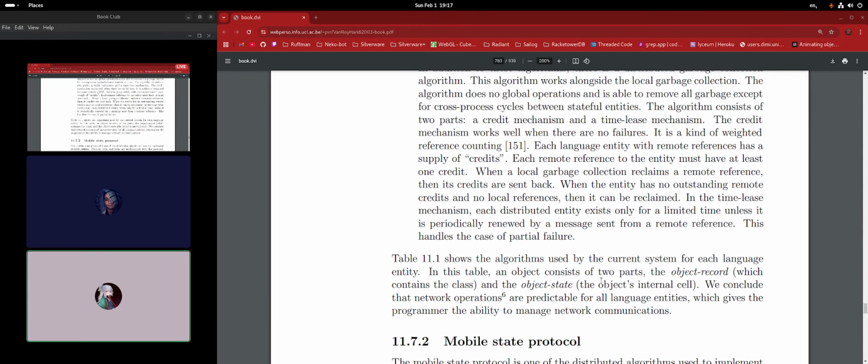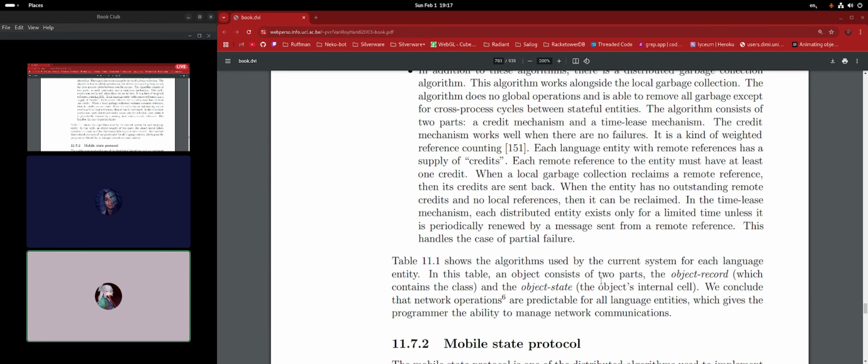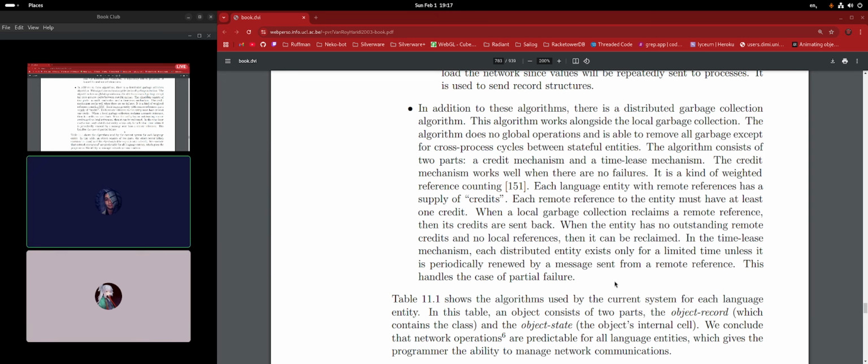But the point is that they should figure out if the network has troubles and prevent you from holding on to garbage that nobody else is actually referencing. And in a particular way it is also faster, right? Because with the other one, you have the burden of the local garbage collector and the credit system.